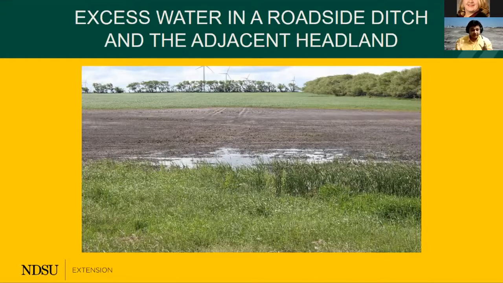So free gravitational water moves from higher to lower elevation. That's what it did. But then the capillary water, it could wick up in any direction from wet to dry area, and the forces which move it are adhesion and cohesion. So higher ground got drier, headland is still wet.